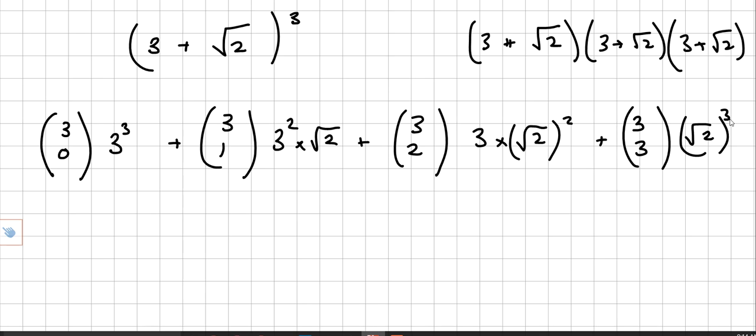Now I could ask you to leave it in surd form. So I've expanded, now I need to simplify.